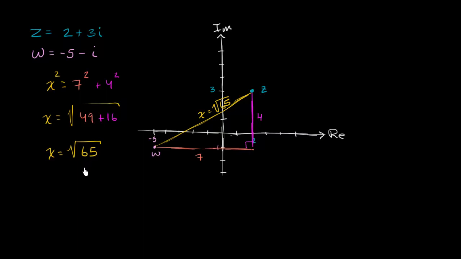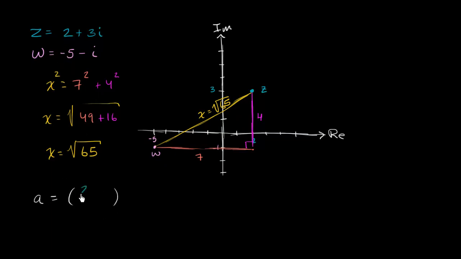Now, what about the complex number that is exactly halfway between these two? Well, to figure that out, we just have to figure out what number has a real part that is halfway between these two real parts, and what number has an imaginary part that's halfway between these two imaginary parts. So if we say that some complex number, let's just call it a, is the midpoint, its real part is going to be the mean of these two numbers.